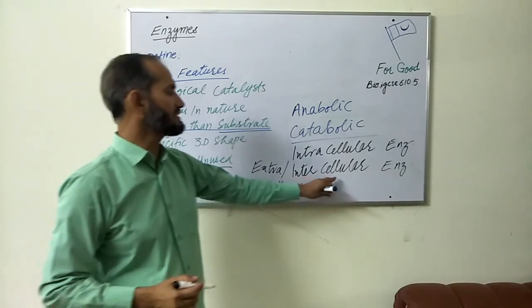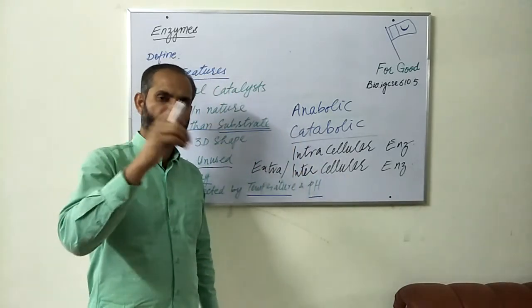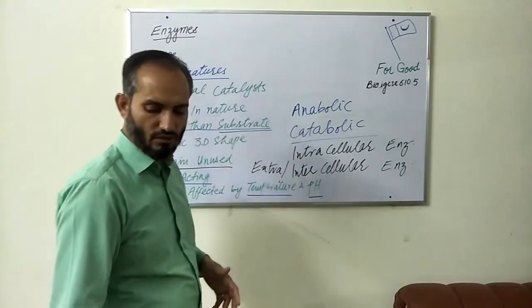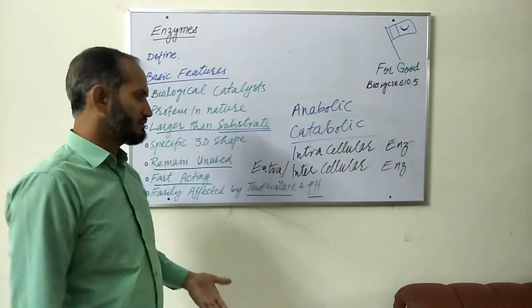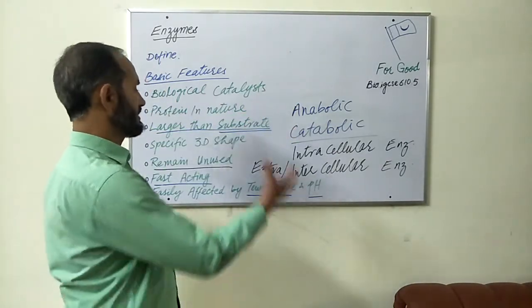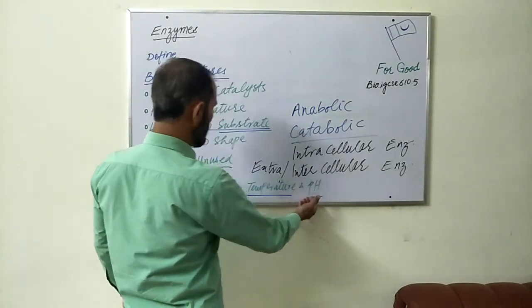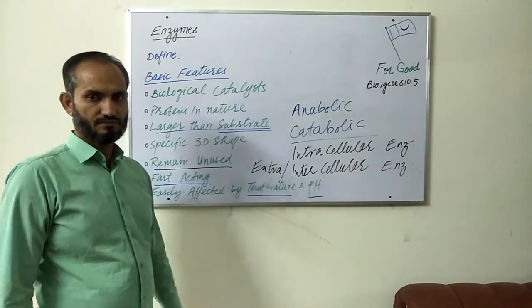Extracellular enzymes or intercellular enzymes, and intracellular enzymes, the enzymes working inside the cells. So these are some of the basic concepts related with the enzymes for your O-levels biology. Then next we have to study in this chapter how temperature and pH are affecting the rate of enzyme controlled reaction. Thank you.